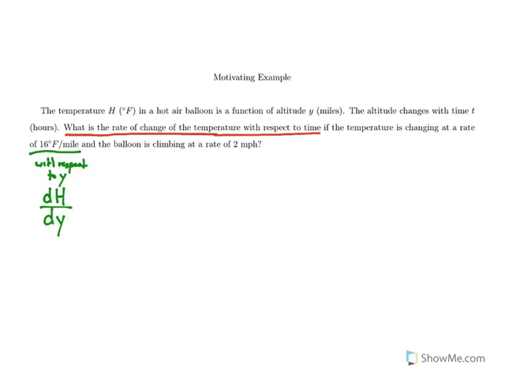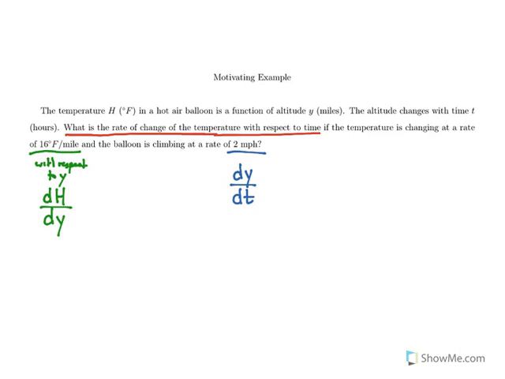We're also given that the balloon is climbing at a rate of 2 miles per hour. This is the rate of change of the altitude with respect to time. And you can kind of see this with the units. 16 degrees Fahrenheit per mile, that's temperature over altitude.